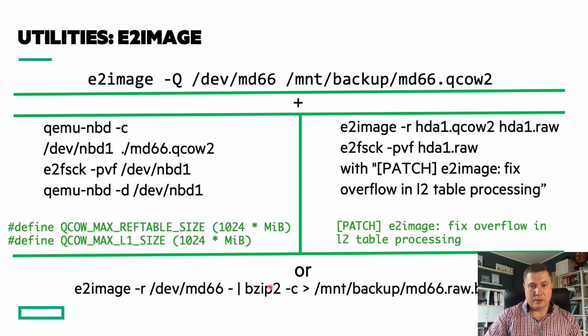Or we can save this data directly in raw and make an archive from it. There are some fixes required for really large partitions. So we need to fix QEMU to open really large partitions, and e2image should be fixed to have the possibility to convert a partition.